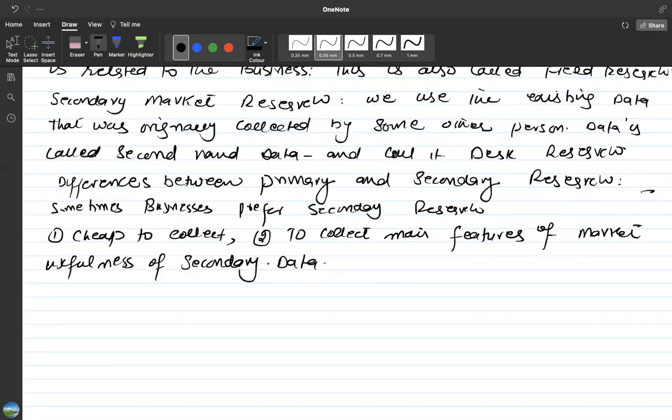First of all, it can provide information about the population that otherwise wouldn't have been possible for us to collect from a primary source.